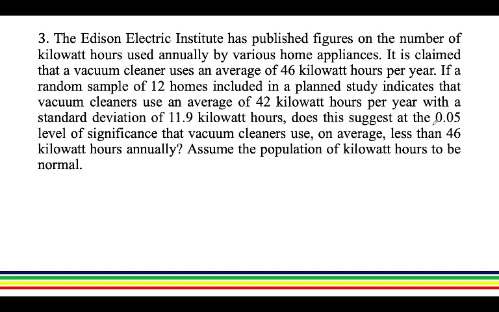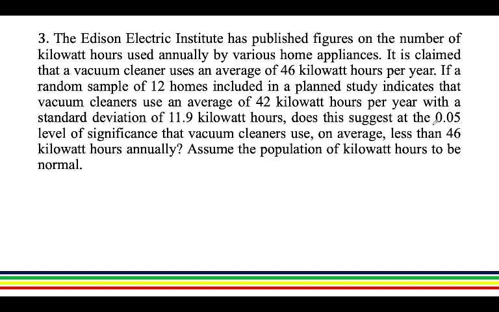If a random sample of 12 homes included in a planned study indicates that vacuum cleaners use an average of 42 kilowatt hours per year with a standard deviation of 11.9 kilowatt hours, does this suggest at the 0.05 level of significance that vacuum cleaners use, on average, less than 46 kilowatt hours annually? Assume that the population of kilowatt hours to be normal.